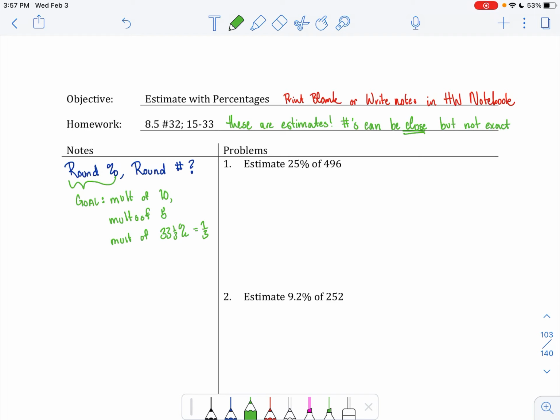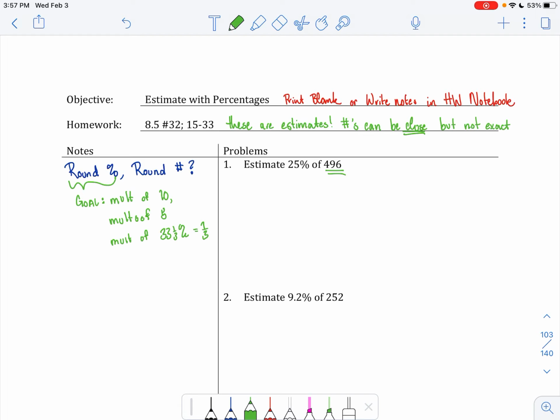And 496 is where I want to round. Now an estimate should involve little to no work. You shouldn't need a calculator. You shouldn't need to do any scratch work. You just want to show me in your work what number you changed and maybe a tiny bit of work. For these problems there shouldn't be a lot of work, but you should let me know what numbers you rounded.